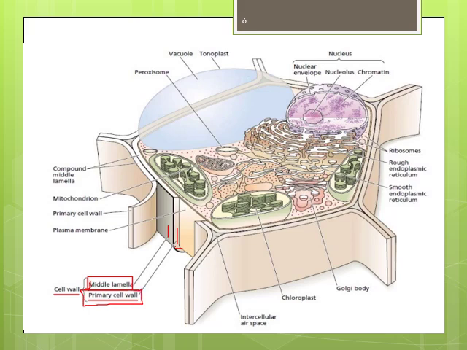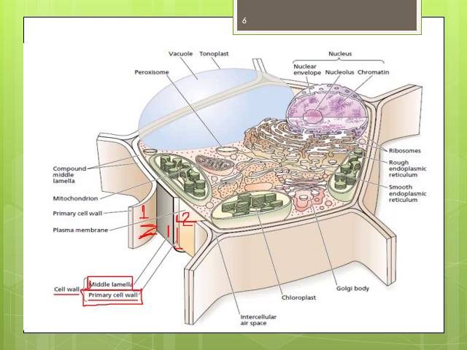So a middle lamella is a layer between two cells. Suppose this one is the cell wall of one cell, and this one is the cell wall of the second. This is our cell number 1, and this is cell number 2.